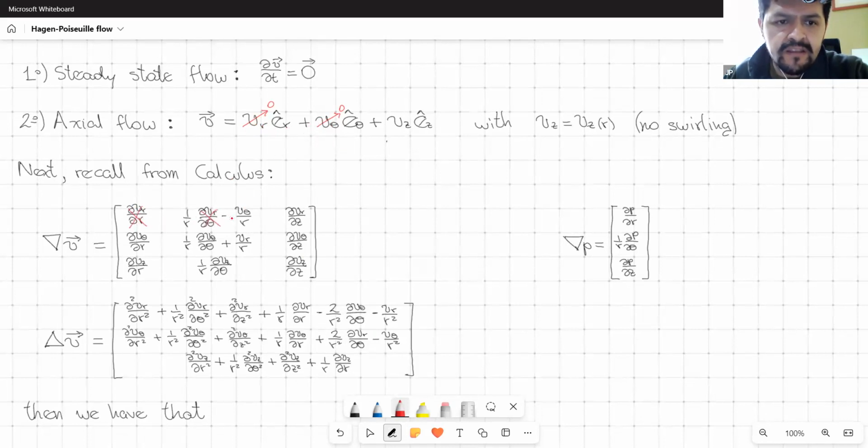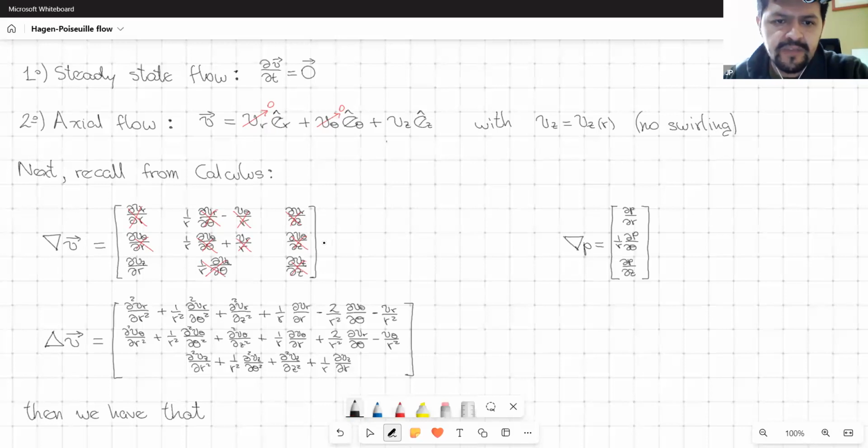So all of this just goes away. None of those terms will appear. This one is a derivative of the axial direction component with respect to the radius, so that one stays. As for the other ones, all of them are 0.